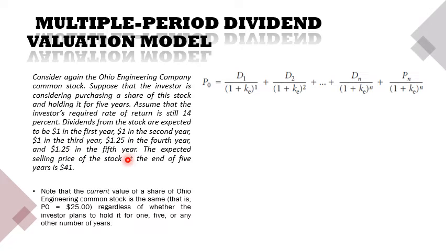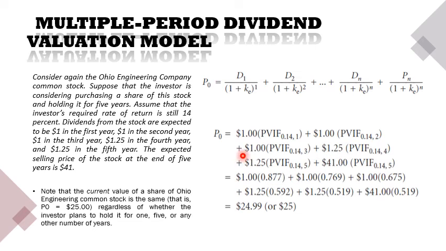The expected selling price of the stock at the end of 5 years is $41. With this formula, we just add all the dividends per year, same with the formula we had previously, which only involved one period, plus the selling price at the end of the 5 years. So the calculation would be as follows.